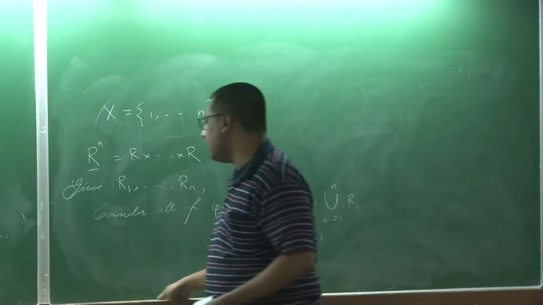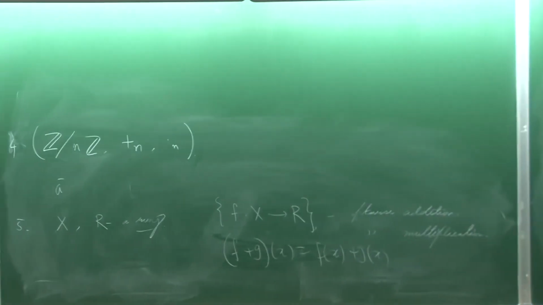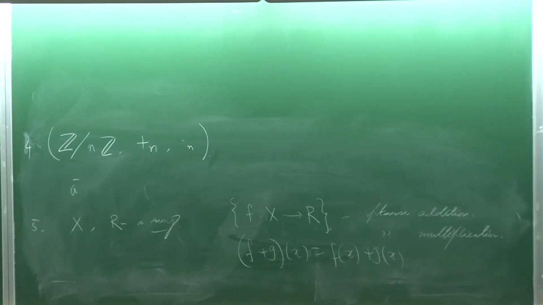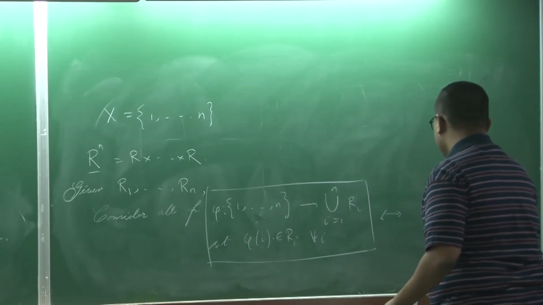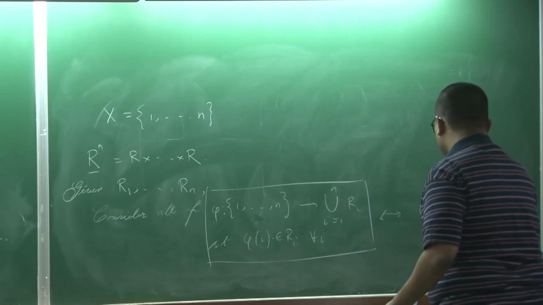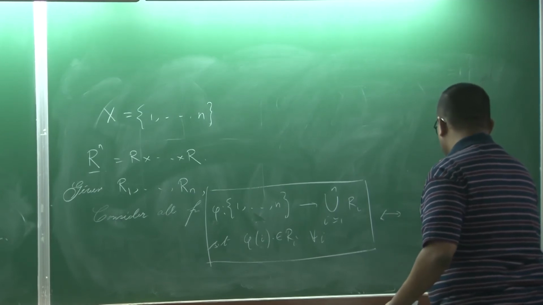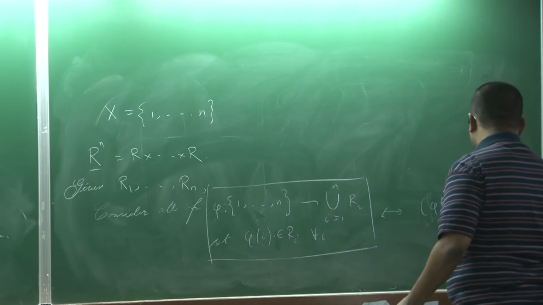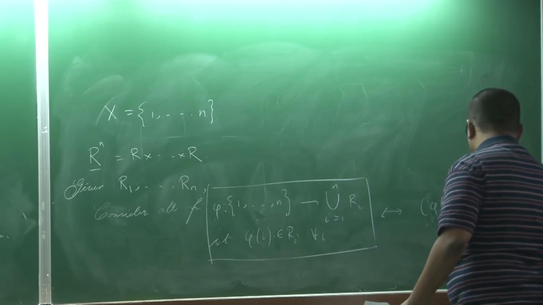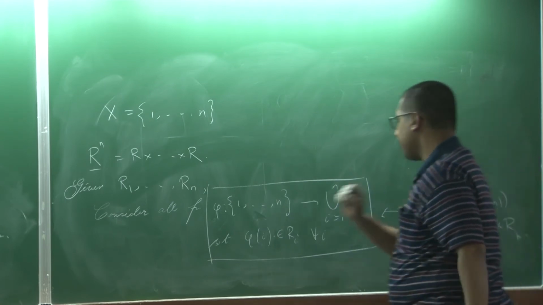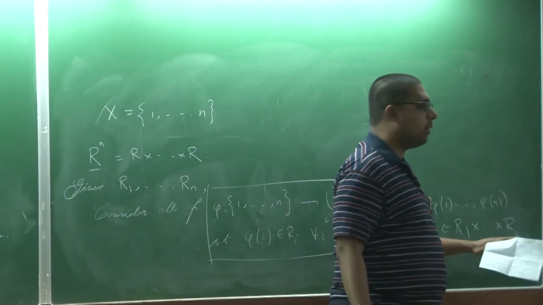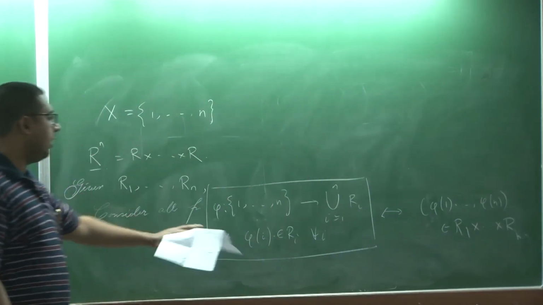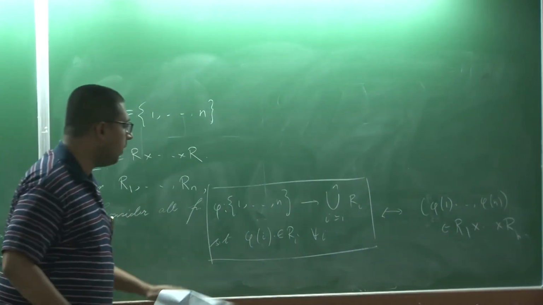Then we can immediately see that any such function can be naturally identified with a tuple phi 1 up to phi n. Given a function, that gives us a unique tuple, and given a tuple, it gives us a function of this form.